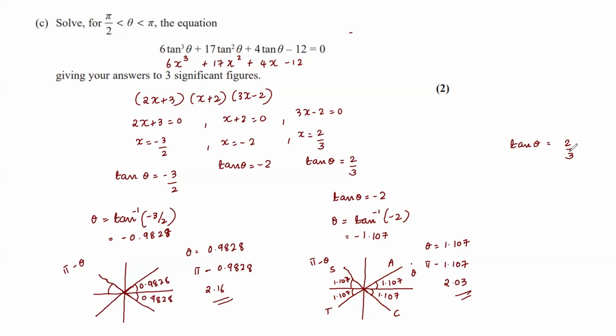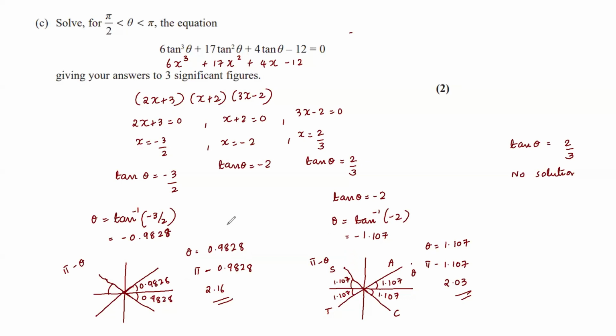And we have tan theta equal to 2 by 3. In the second quadrant, tan values are always negative. Therefore, this cannot be further simplified. You can say there is no solution to this, because directly tan theta is a positive value given here. But in the second quadrant, tan values can never be positive.